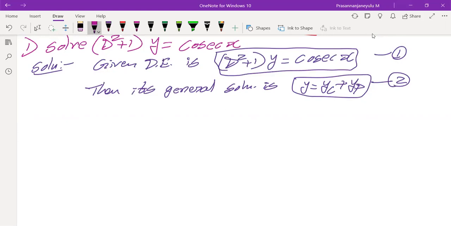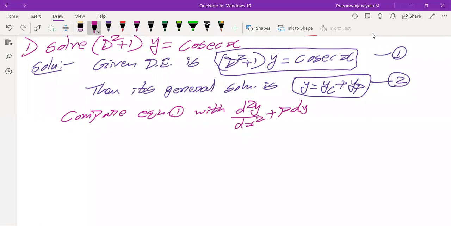For concluding that, first compare equation 1 with the general form of second order linear with constant coefficients: d square y by dx square plus p into dy by dx plus q into y equals r of x.